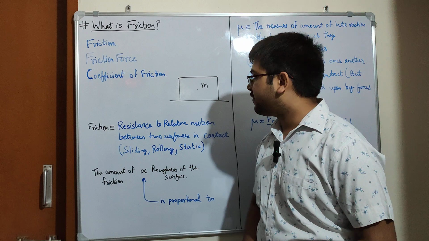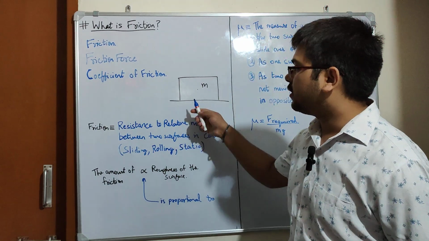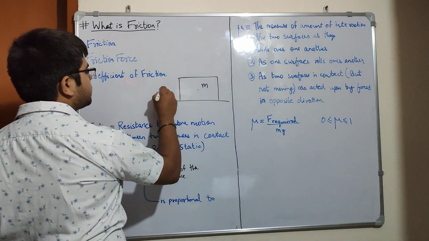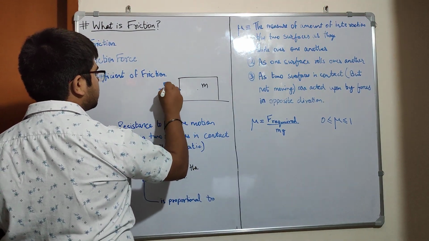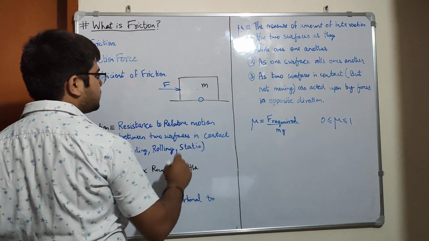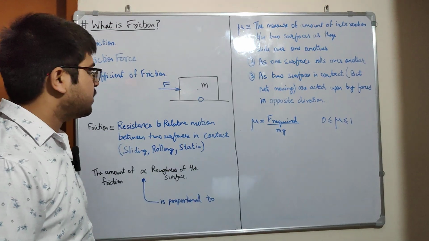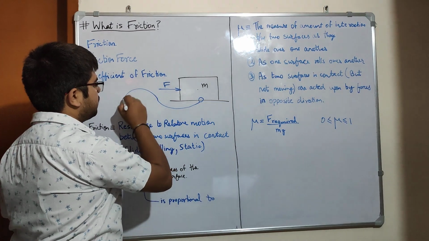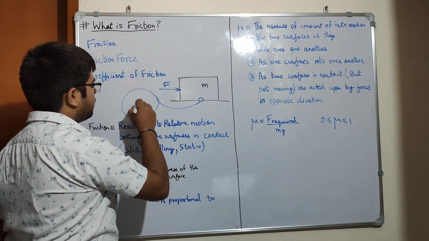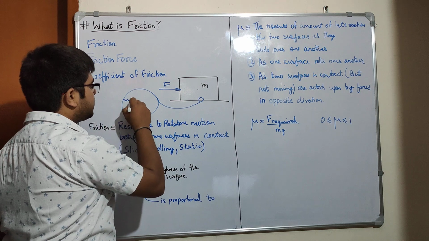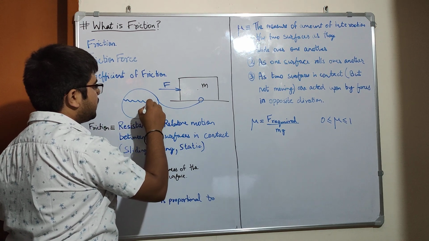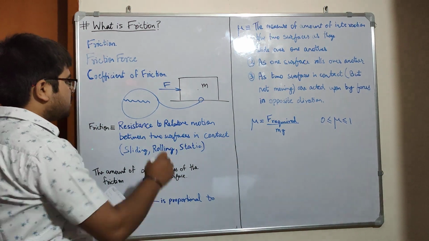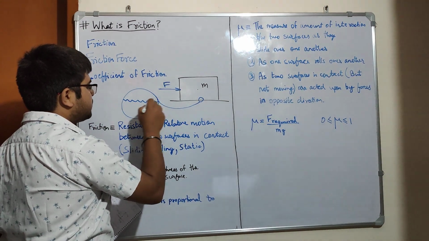So if we have a mass kept at ground here, and if a force is applied in this direction, then what's happening at the microscopic level here, we can see that the irregularities in the surfaces are interlocking with each other.